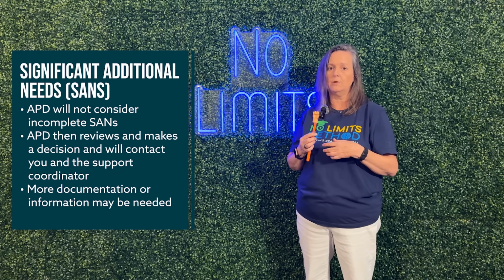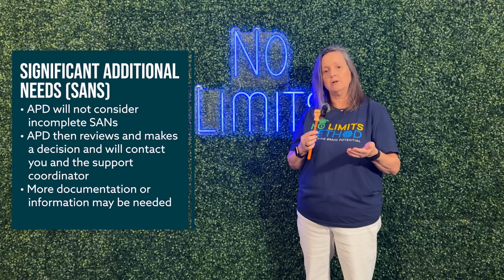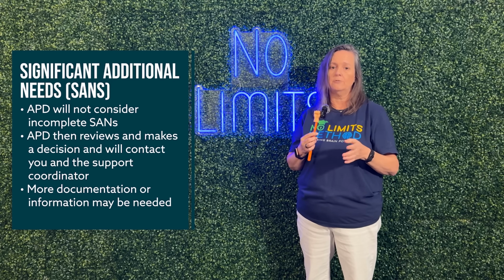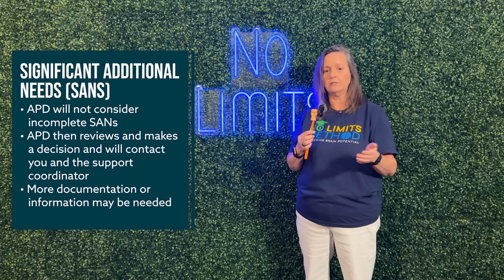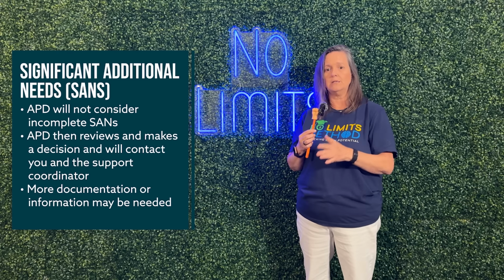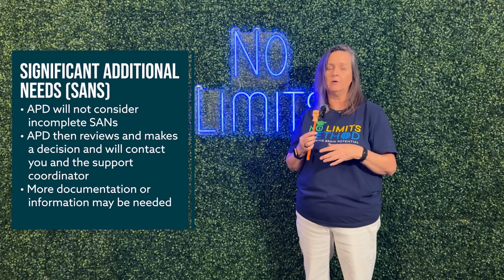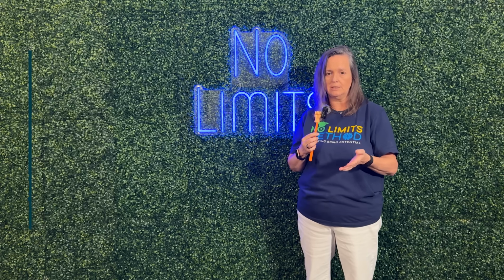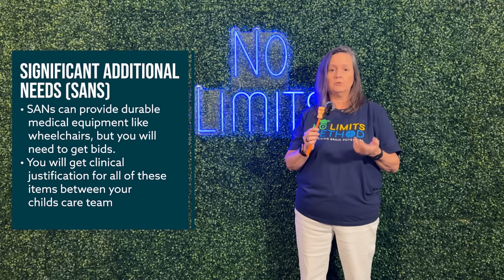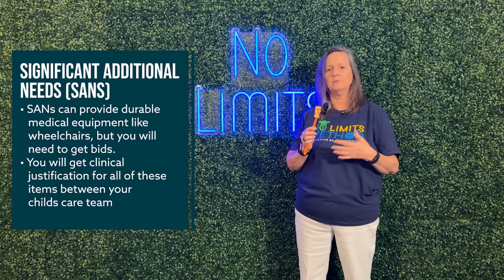The APD will contact the provider, the support coordinator, and yourself to say if the services that were requested will be approved or denied, or if more documentation is needed. Doing a SANs can get you durable medical equipment like wheelchairs and bath chairs.